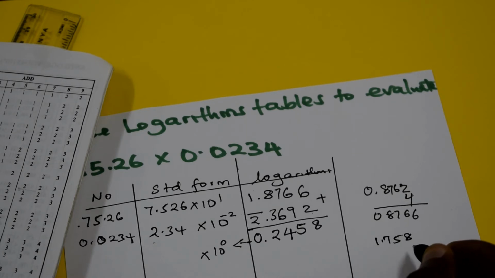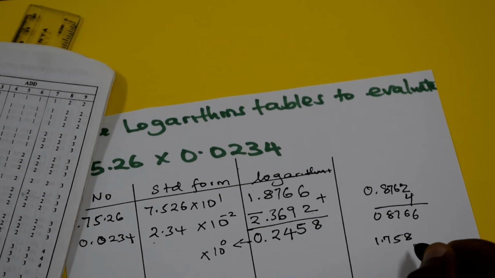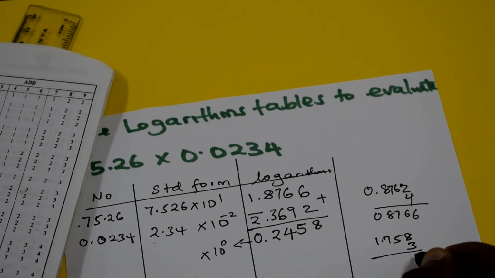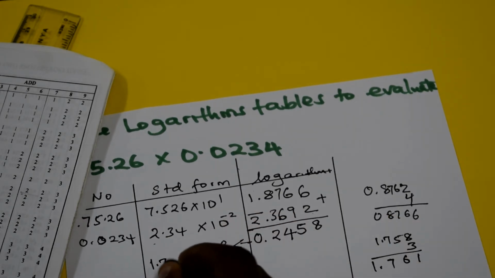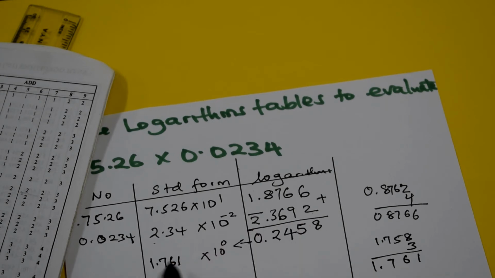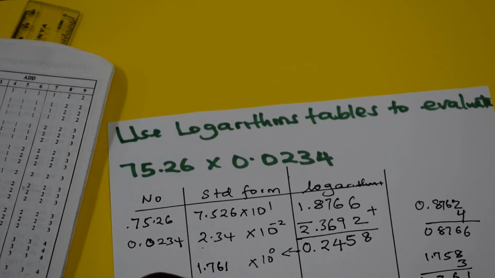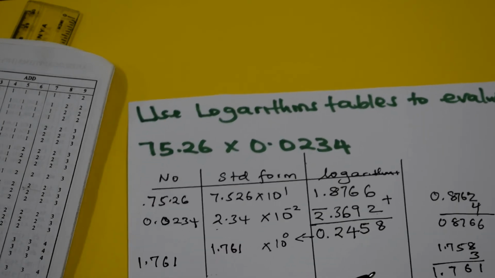Then you add the number that intersects at column 8 at 25, which is 3. So it will be 1.761. When you multiply this by 10 power 0, we get 1.761 as the answer.